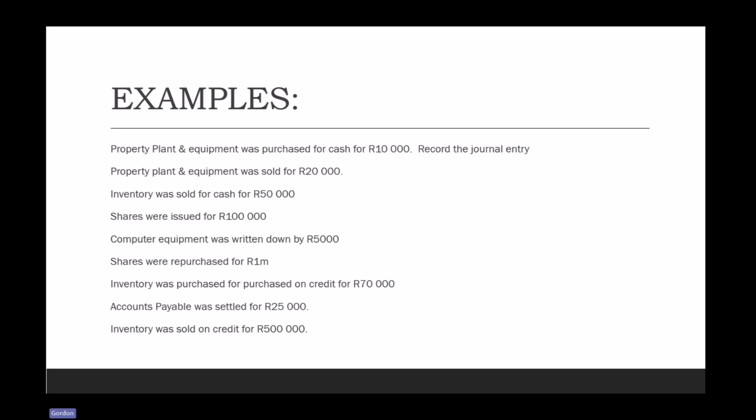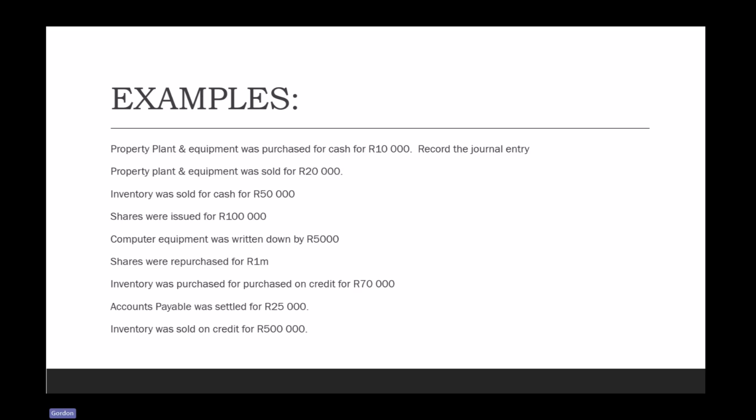All right. So an asset increases with a debit balance, right? An asset, an expense, and drawings increase on the debit side. What does that mean? It means that if I go and buy equipment, equipment is an asset, so my asset has increased. I'm going to debit equipment.